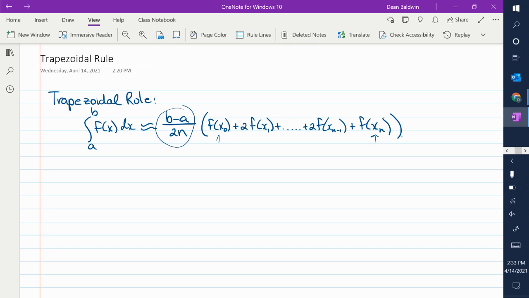This is basically the width of the rectangle. So this is a trapezoid. This is the width, and these are all the heights. That's where they come from. Not that you have to know that, you just have to know the formula. N represents what? Number of trapezoids, right?